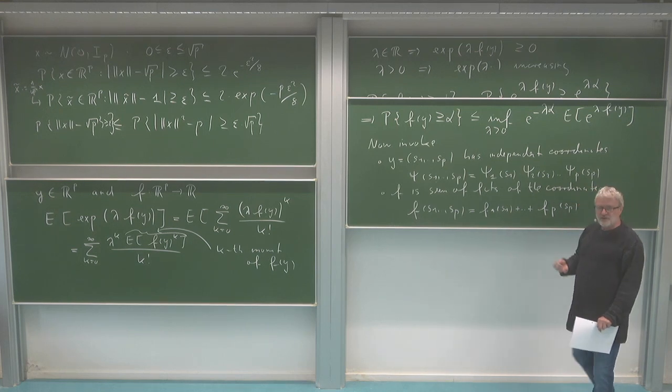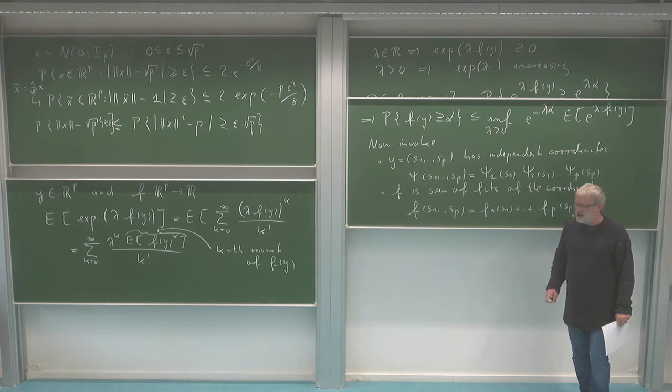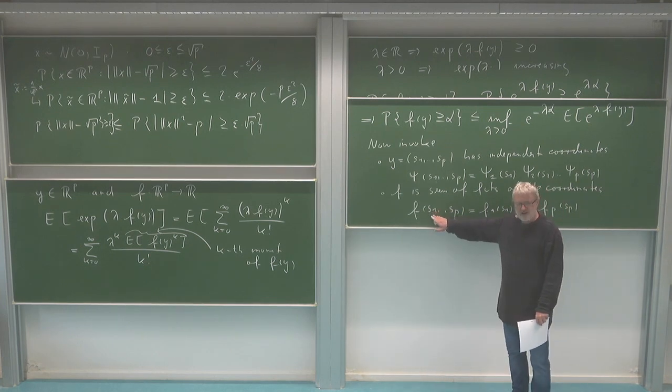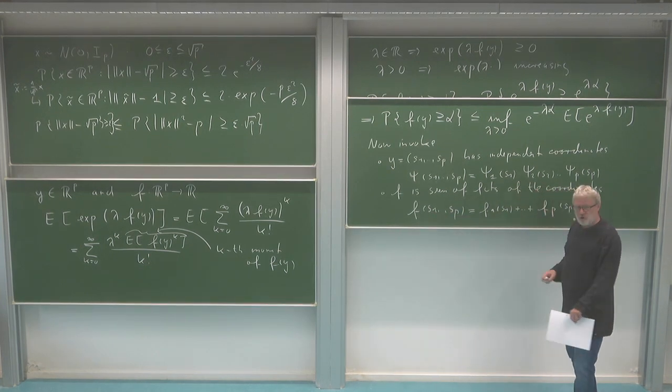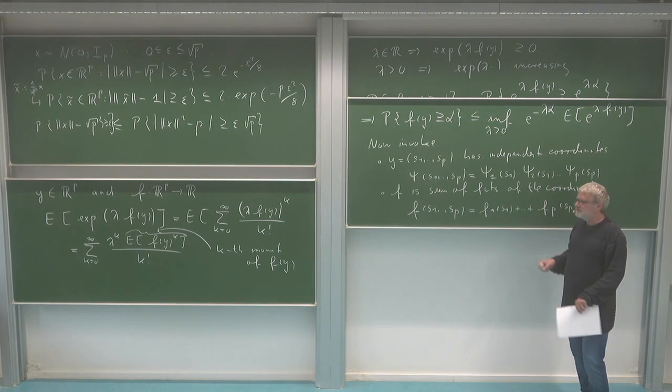In our specific situation, the f's are all the same, and each of them is just the square of s, because the norm squared is the sum of the squares of the coordinates. So those f's are essentially the squares of the coordinates.